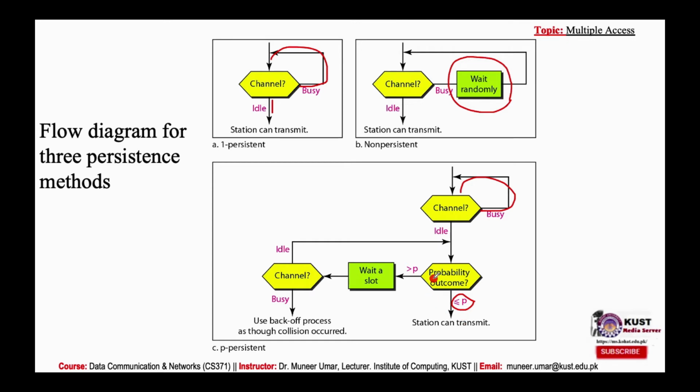And if it is greater than p, then it would wait for the next slot and check the channel again. If it is idle, it would go back to step number 1, which is about the probability p. And if it finds that the channel is busy, then it would use the backoff process as though a collision occurred.